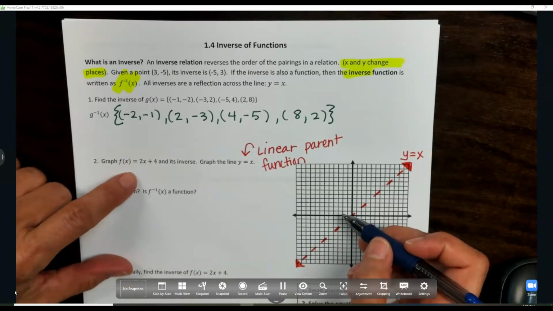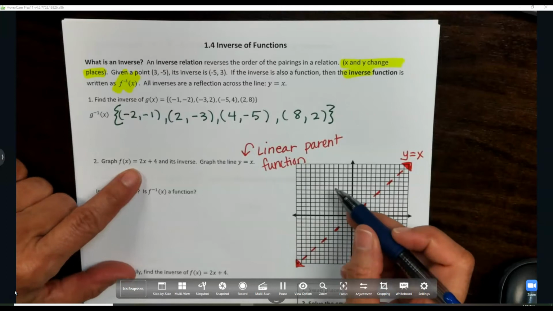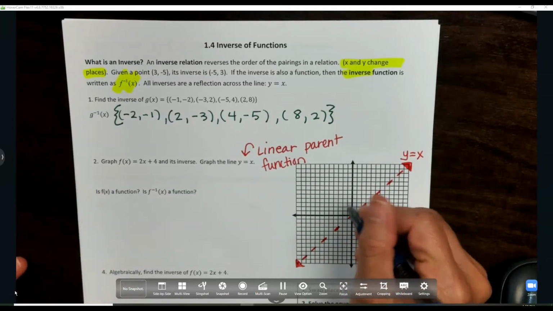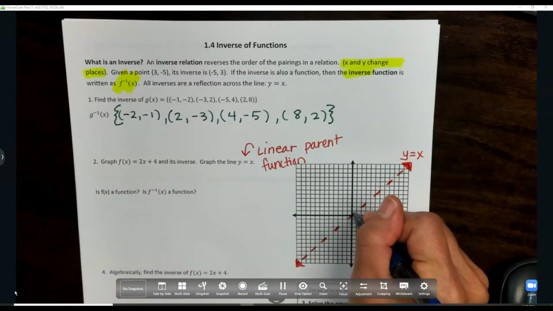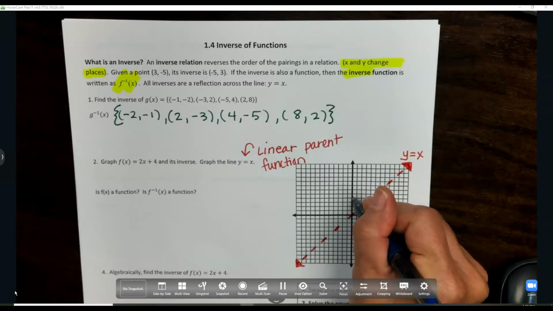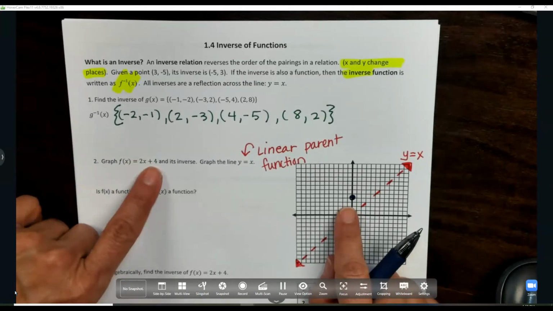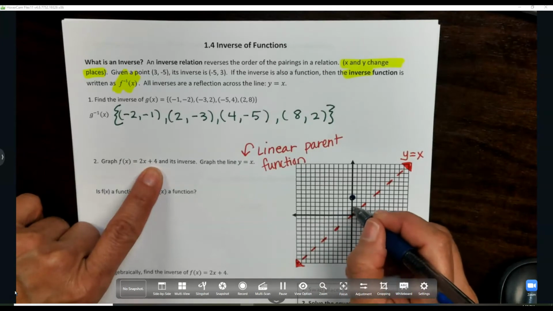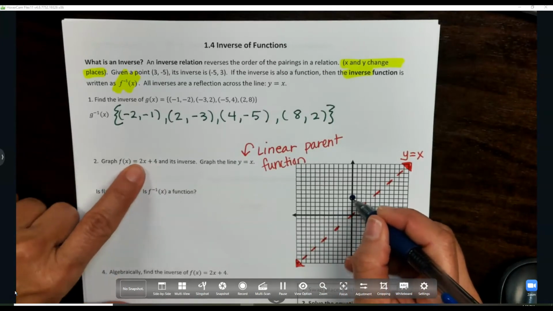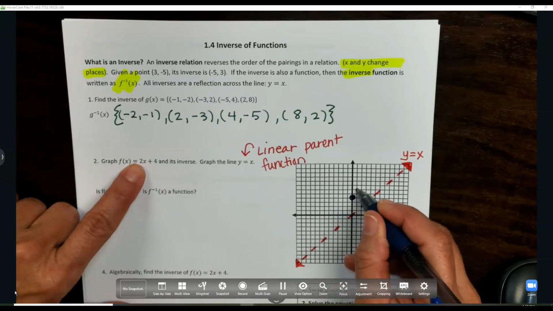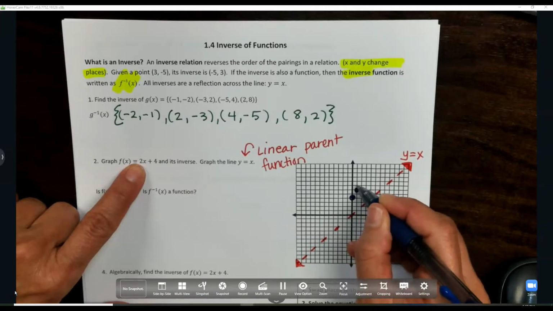Remember the slope is up 2 over 1. I'm using a different color from what I did for y equals x. So there's my y-intercept, 1, 2, 3, 4, and the slope is 2, so you go up 2 over 1, put a dot, up 2 over 1.